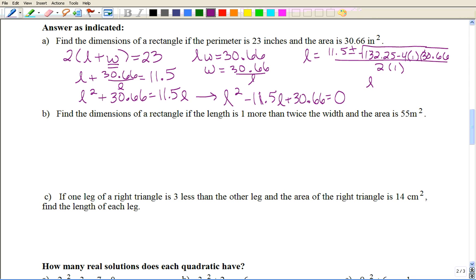So whenever we solve for that, we'll get L equals 7.3 or 4.2.